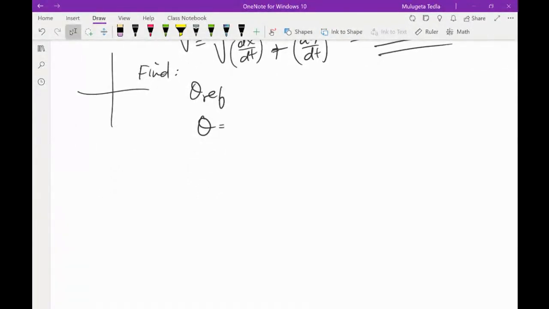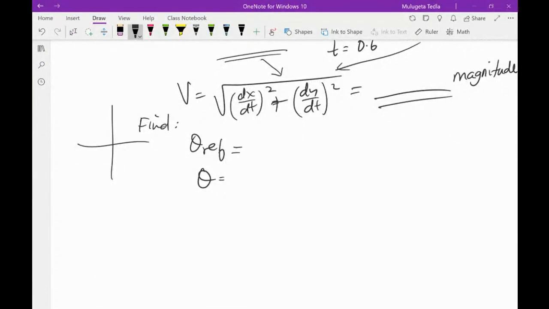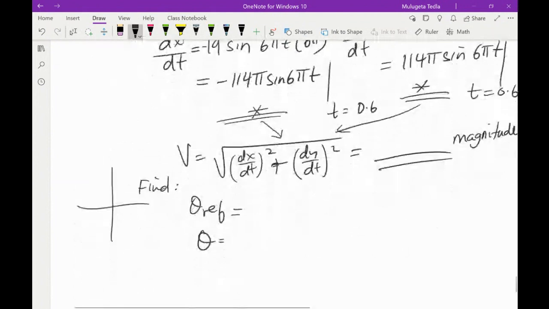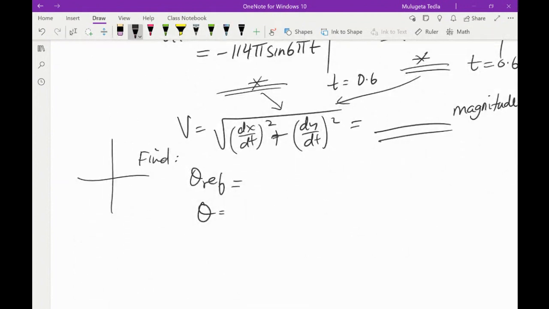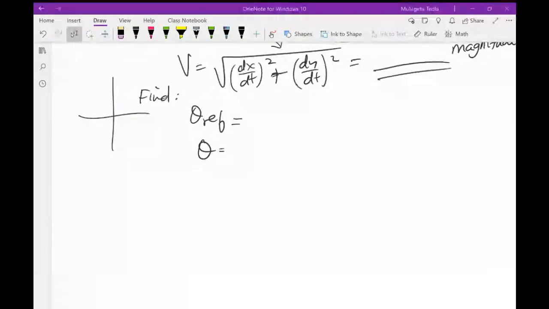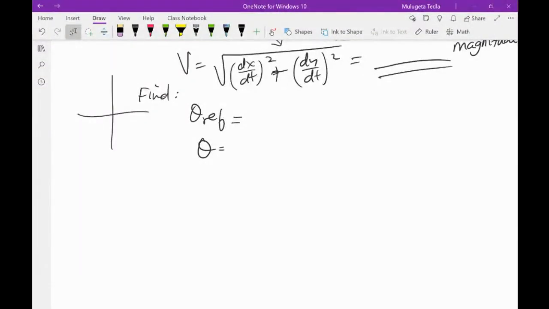So you can finish this up: theta reference, and then you locate the quadrant based on these numbers. Based on that, you find theta reference by dividing the y value of the velocity by the x, and then of course by adding pi plus or pi minus theta reference or 2 pi minus, you will find the appropriate angle for that. Okay, I think that you can do it yourself.